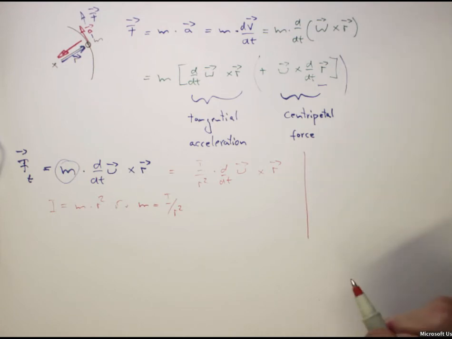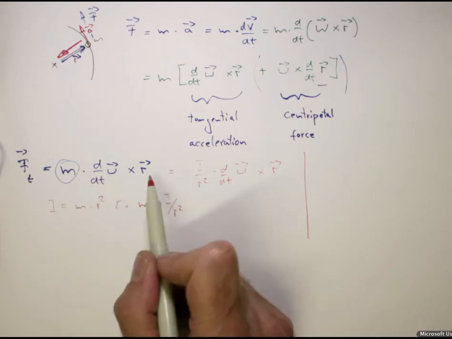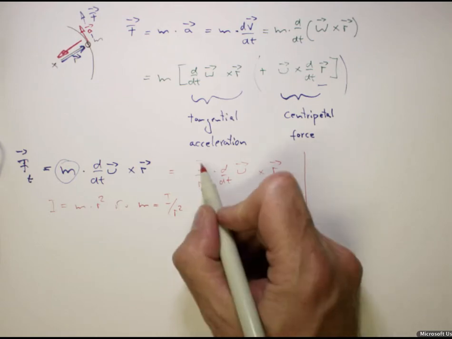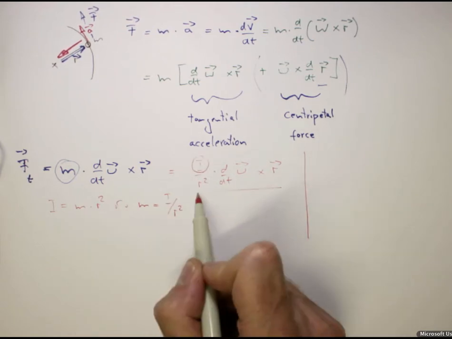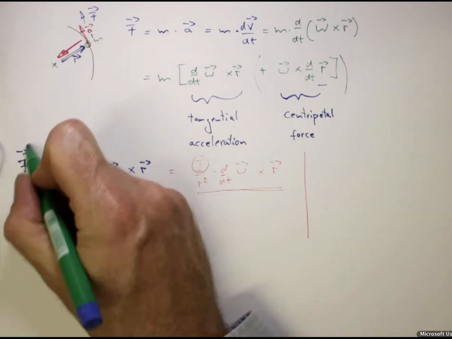Okay, now let's do something unexpected and see what happens, because we now have rotational parameters on the right. We've got radius, which we can accept, we've got omega, and we have the moment of inertia. All of those parameters are suitable in the description of rotational kinematics, but on the left hand side we still have the force.